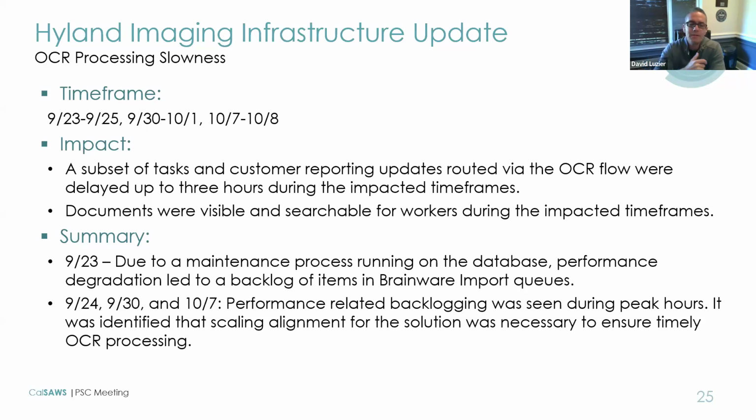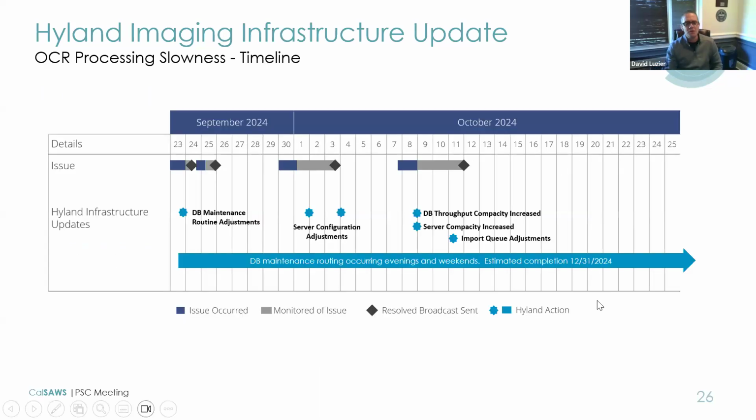And what we did is we identified a need to scale these environments to ensure there's adequate capacity when dealing with these additional loads to support these busy days of documents going to be processed through the system. If we go ahead and move to the next slide, please. So this shows a timeline of the OCR process slowness events.